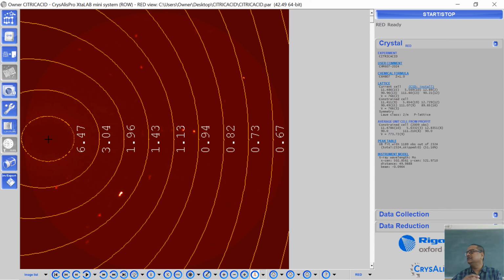If for whatever reason the X-ray beam is touching the outer periphery of the beam stop, it is not coming out, but it is hitting the outer ring of the beam stop, it may start giving you a diffraction pattern from the metal that it is made up of.